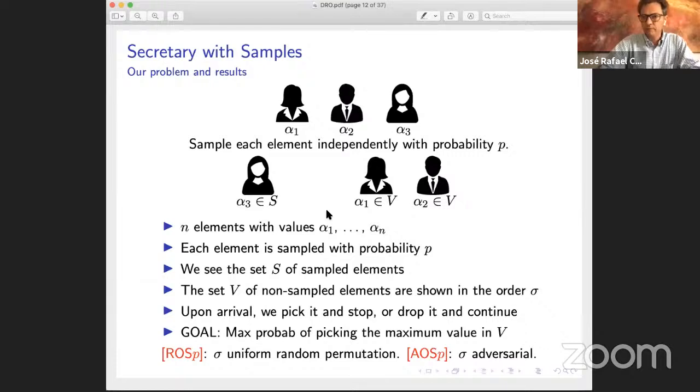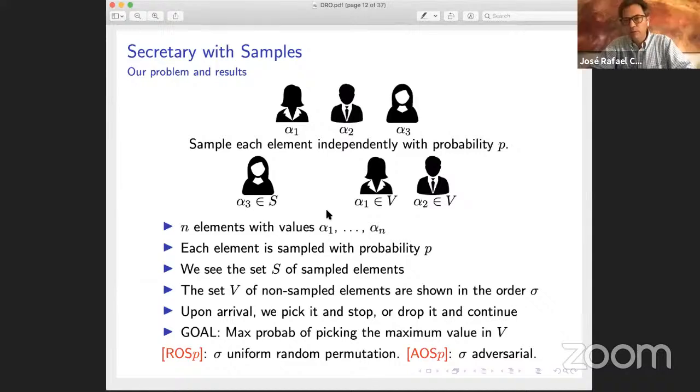Yes, absolutely. So you get to observe some number of guys, and you just observe them, right? But that will be only true under the uniform random permutation model, correct? If the permutation is adversarial too, that's not the case, correct?